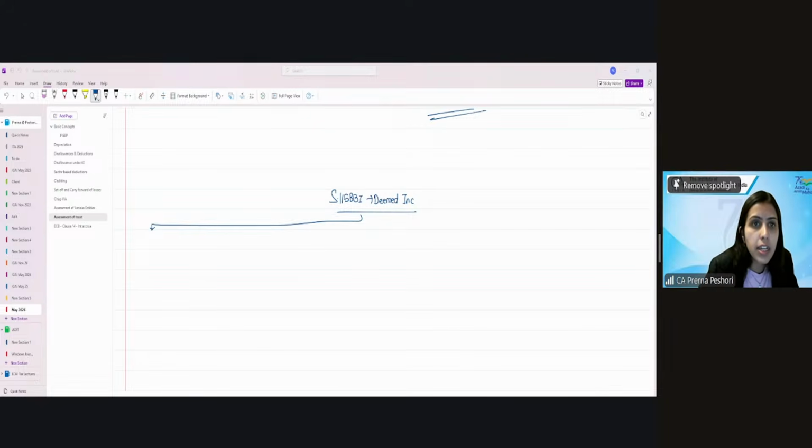So, income which has been accumulated where accumulation is not allowed.